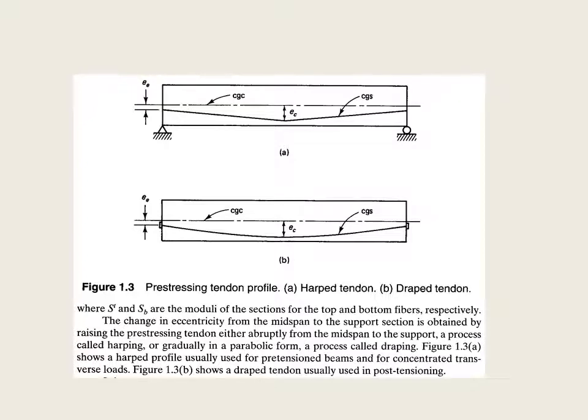Okay, so here we have the orientation of the eccentric pre-stressing tendon. You can see why we have a different eccentricity: from the support to the midspan, the eccentricity is increasing.